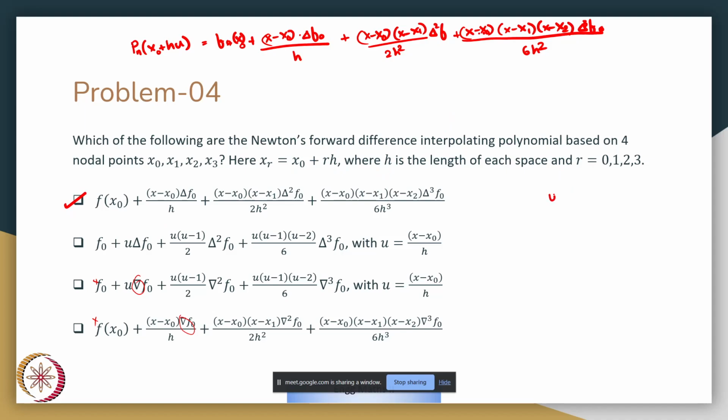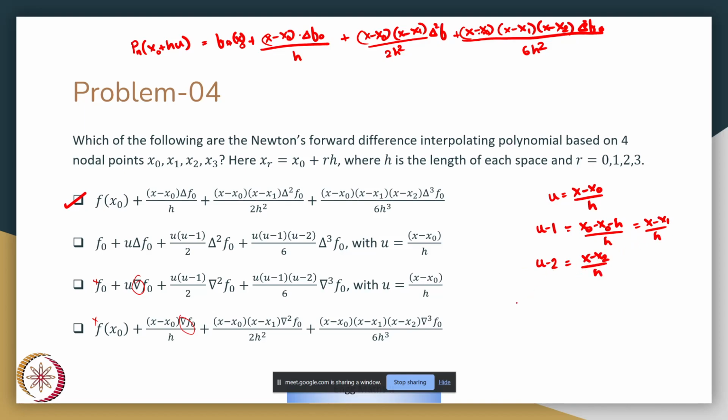If we now substitute u equal to x minus x naught by h, we essentially have u minus 1 equal to (x minus x naught minus h) by h, which is nothing but x minus x1 by h, and u minus 2 equal to x minus x2 by h.